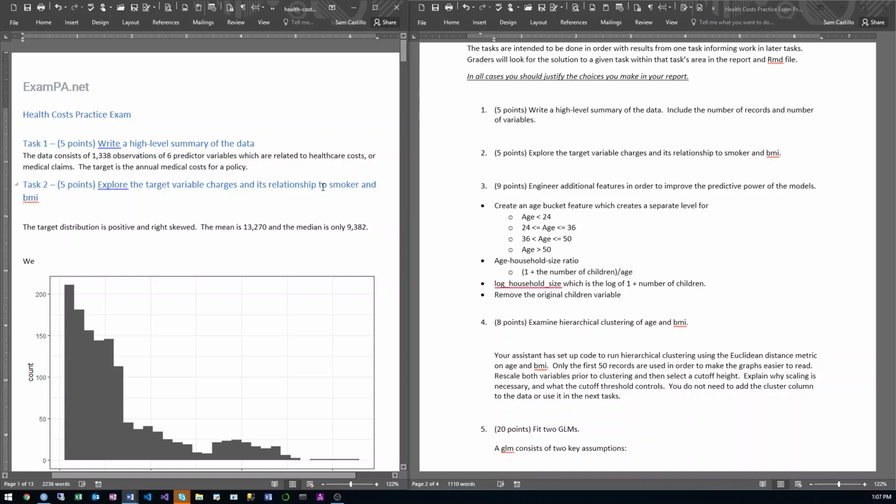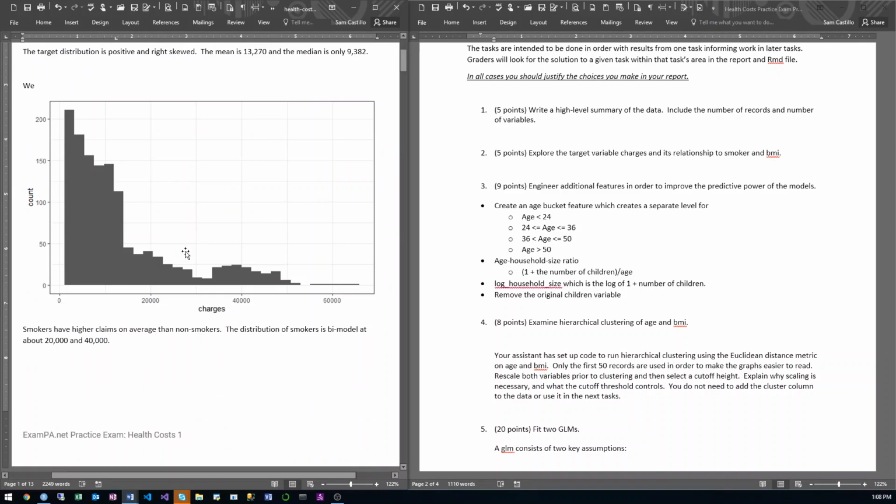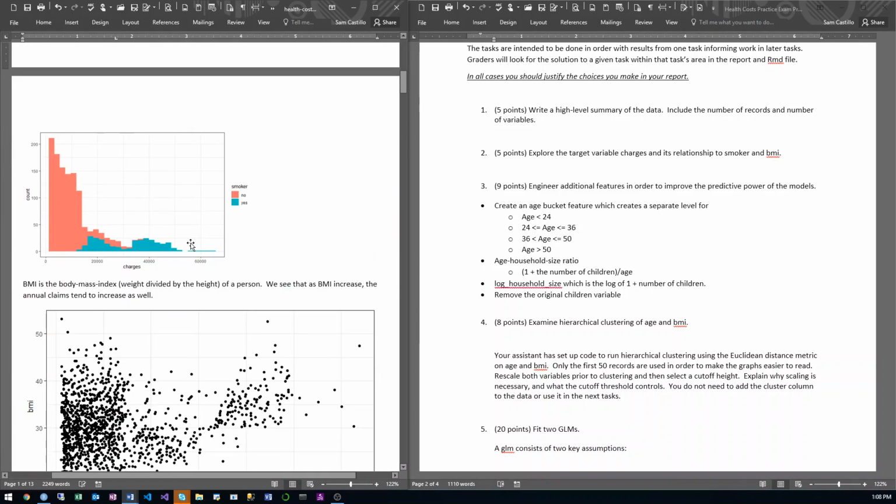I'll say prior to this report, we cleaned the data and removed missing values. Task 2, explore the target variable charges and its relationship to smoker and BMI. The distribution is, okay, we have some stuff here explaining that.